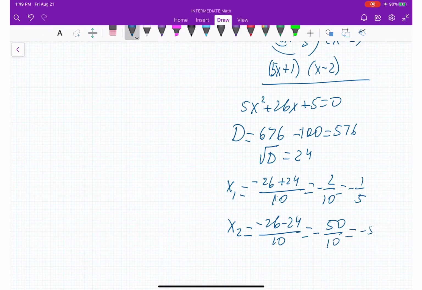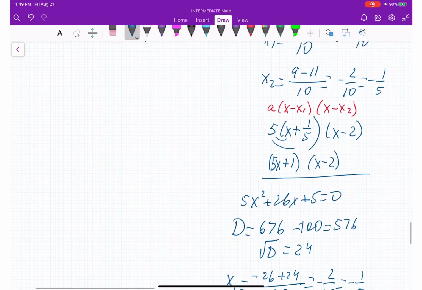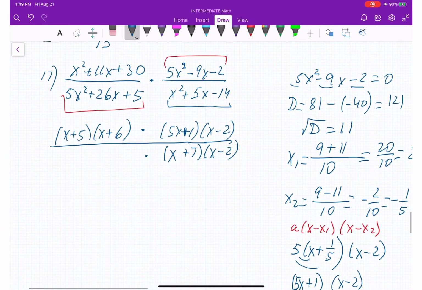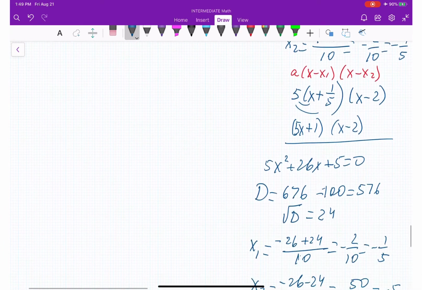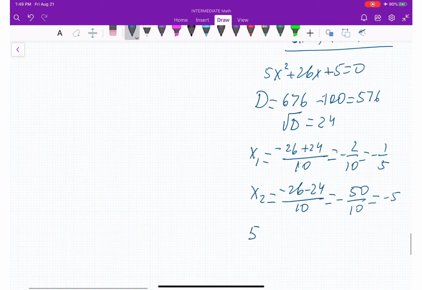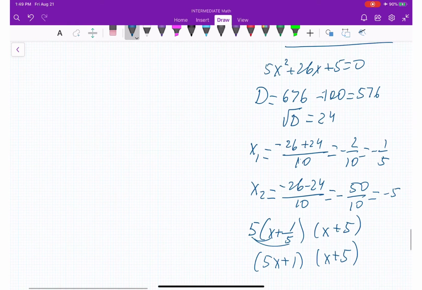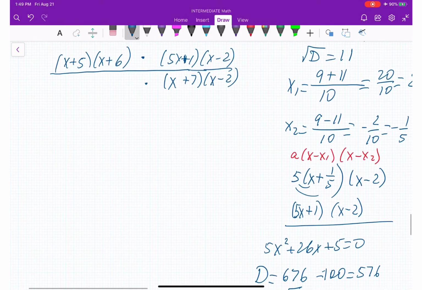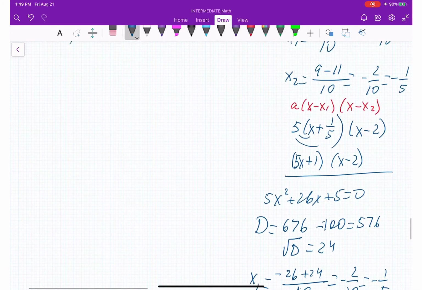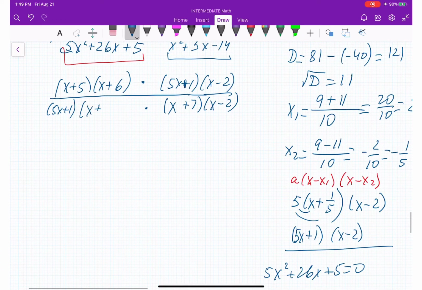It's going to be negative 5. All right, remember, first comes coefficient a, so coefficient a is again 5. So it's going to be 5 times x plus 1/5 and x plus 5, which means I'm getting 5x plus 1 and x plus 5. All right, moving here. 5x plus 1 and x plus 5. Let's see what we have here.